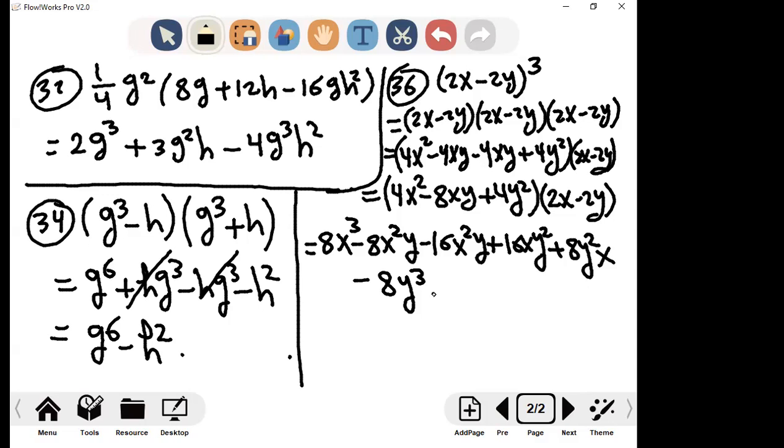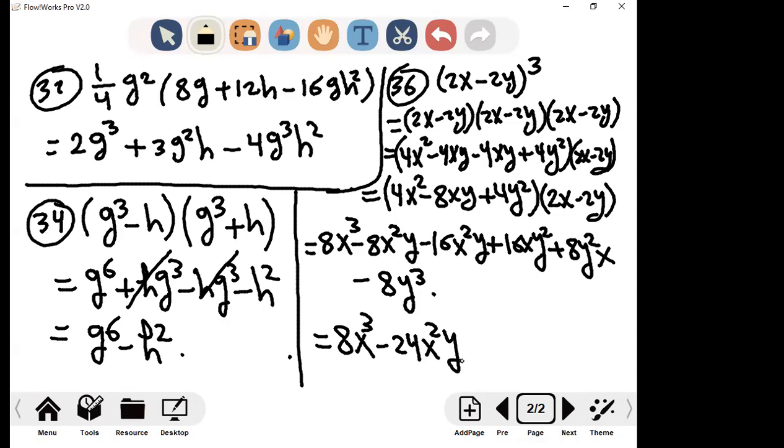Now let's search for like terms. Look here. The first term, x power 3. Is there another x power 3? No, right? Keep it. So this is equal to 8x power 3. x power 2y. Do we have x power 2y? Yes, the second one. Now negative 8, negative 16, negative 24x power 2y, right?